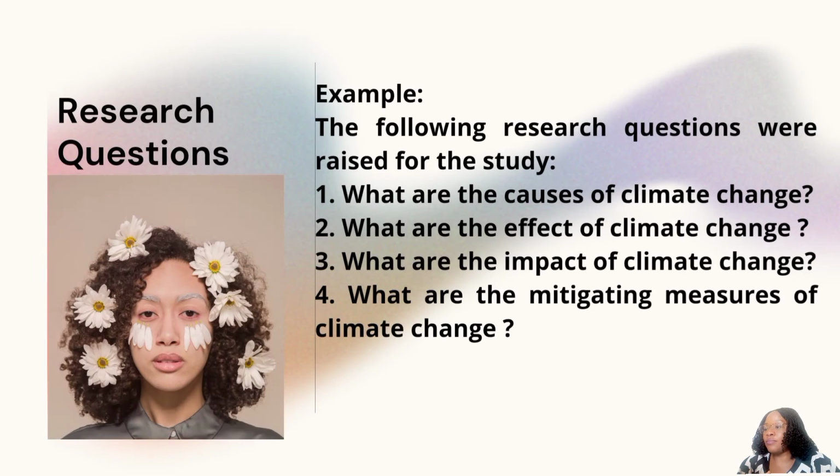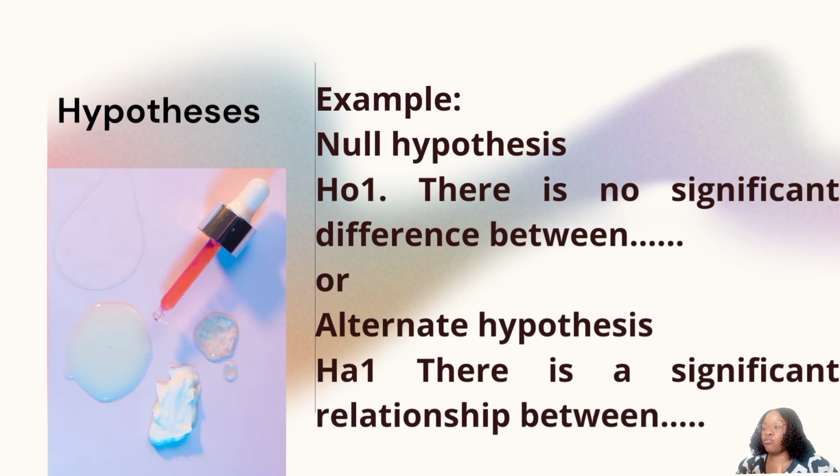For example, if the specific objective of your research is to identify the causes of climate change, to determine the effect of climate change, to determine the impact of climate change, and to assess the mitigation measures of climate change, you need to know that your research questions and hypothesis, if needed, must also be in line with the purpose of the study. So in getting the hypothesis, there are two major kinds of hypothesis. We have the null hypothesis and the alternate hypothesis.